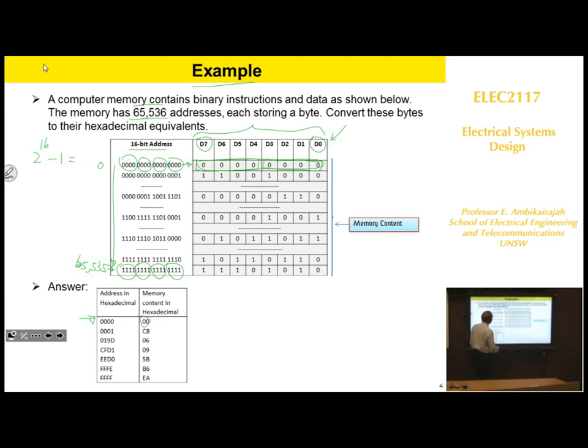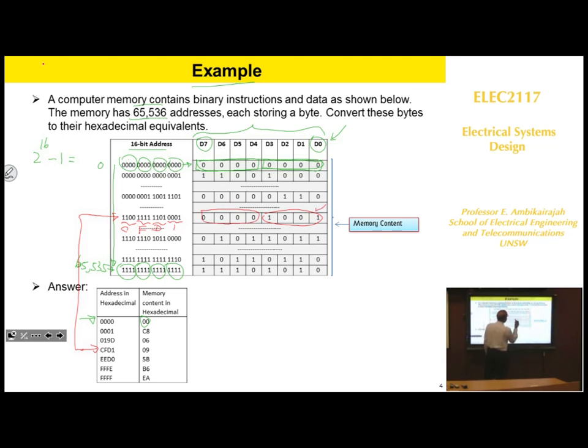Now you look at a similar one. Let's look at that particular location. That's 1, that's D, that's F, and that should be C. So you'll have CFD1 for that position. The memory content is, group them, 4 and 4.